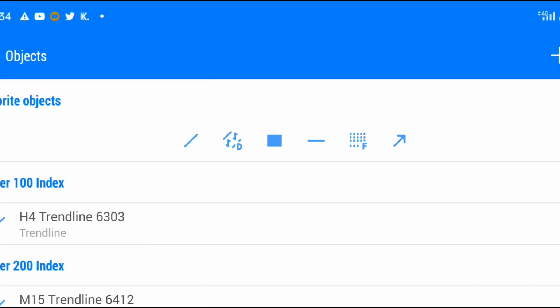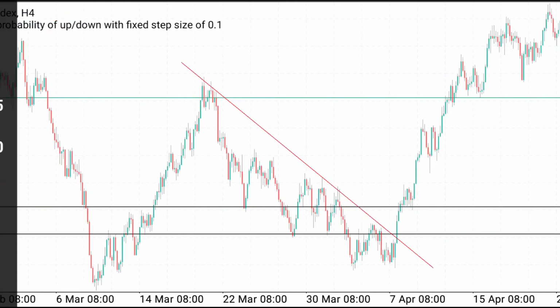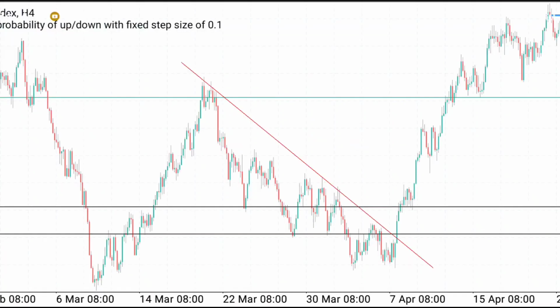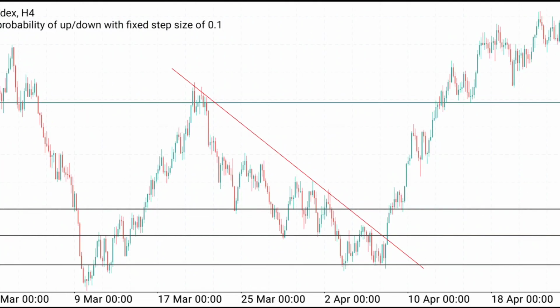Now let's get the second one, which is here. Now let's look for the third line, which is here. We are looking for when the market will get down to the line before taking off. That's what we are looking for in the chart pattern.